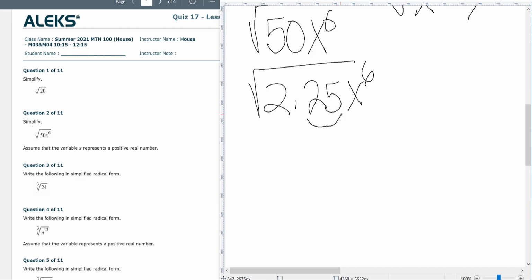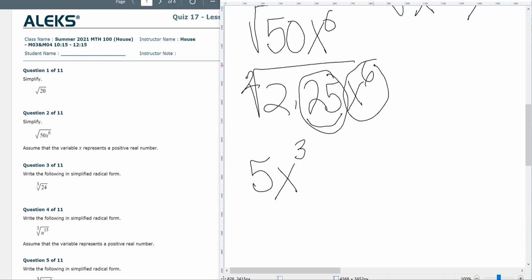The square root of 25 is 5. Index 2 goes into 6 3 times. And so the 25 came out because it was a perfect square. The x to the 6 came out because it was a perfect square, and the only thing left is a radicand of 2, the square root of 2. So the final answer is 5x to the 3rd times the square root of 2.